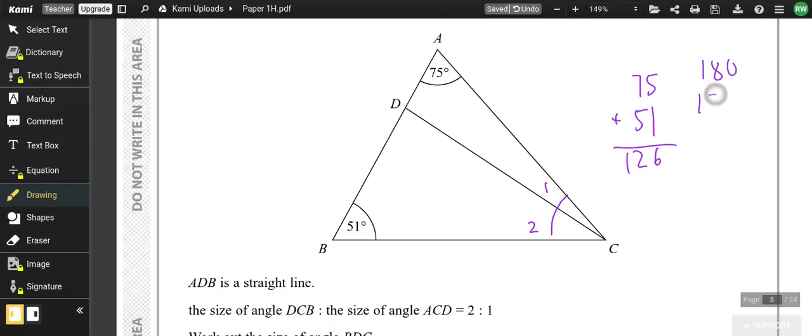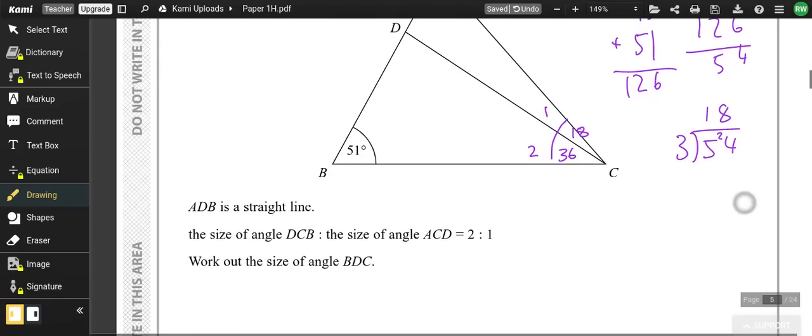Subtract that from 180, and then you get 54 degrees. So that's 54 in total, and it's in a ratio of 2 to 1. So we're going to split it into 3 parts because it's a ratio of 2 to 1. So 3 into 54 goes 1, carry 2, 18. So this is 36, 2 times that, and 18 in there.